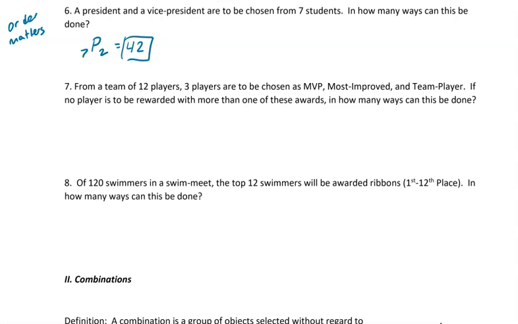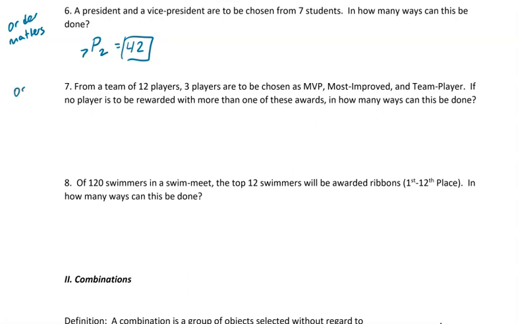All right, number 7. So from a team of 12 players, 3 players are to be chosen as MVP, most improved, and team player. If no player is to be rewarded with more than one of these awards, in how many ways can this be done? Once again, it is different if you get MVP versus most improved.